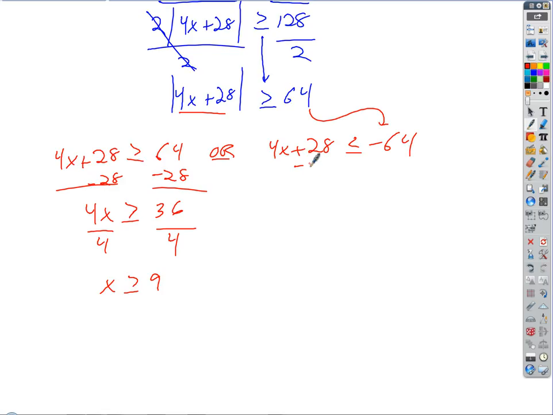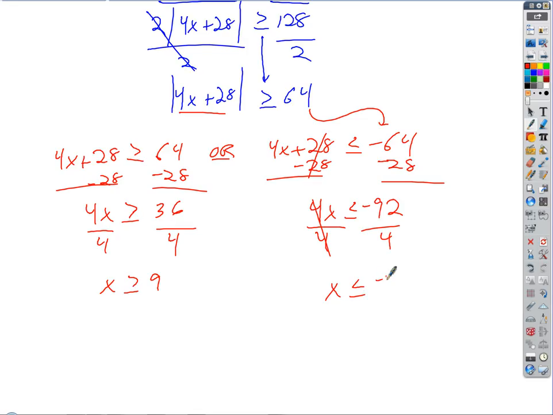For the other inequality, if I repeat those steps, 4x is less than or equal to negative 92. Divide by 4, and x is less than or equal to, negative over positive is negative, and 92 over 4 is 23. Yeah, okay.